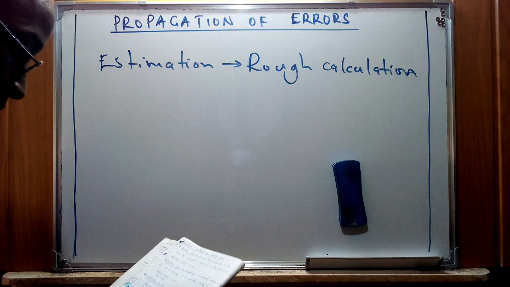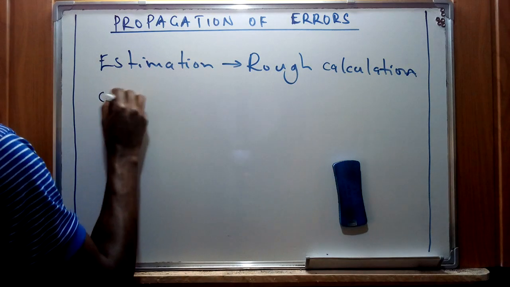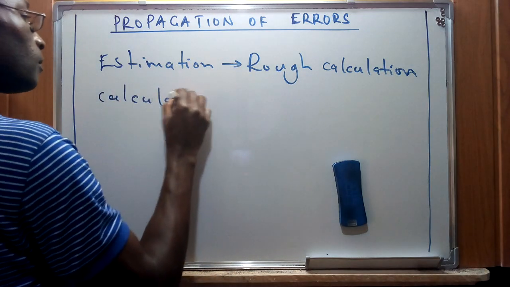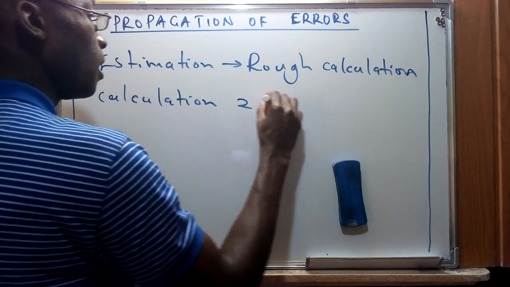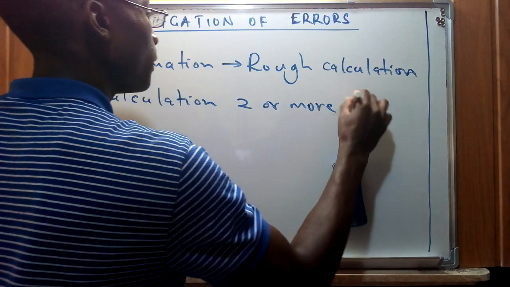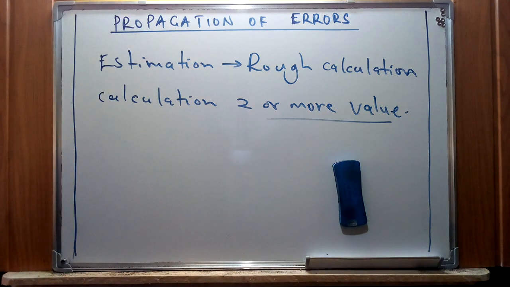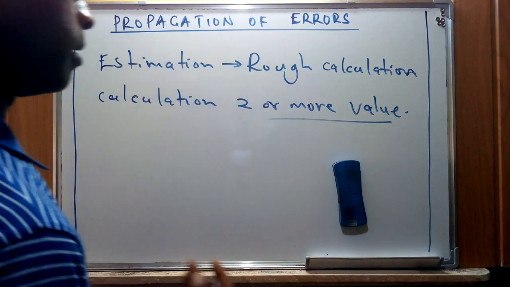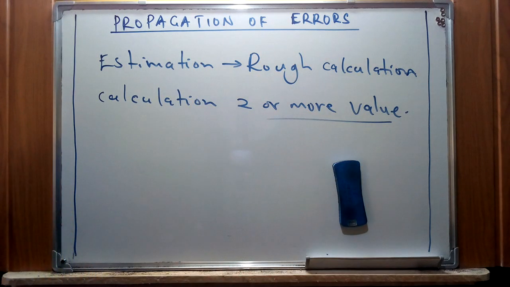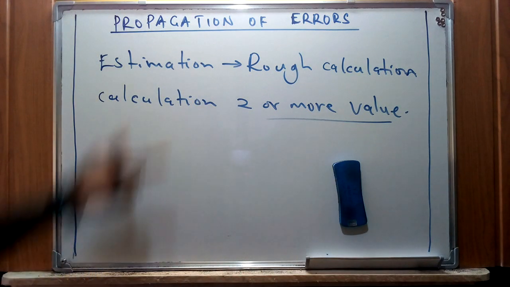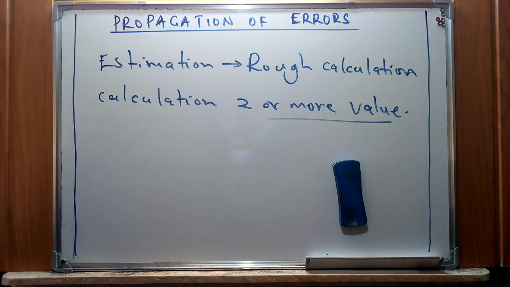Therefore, if we're going to do a calculation of two or more values, this is going to entail some of the basic operations that we have been doing in mathematics, which entails addition, subtraction, multiplication, and division, which are going to assist us in performing this concept of propagation of errors.